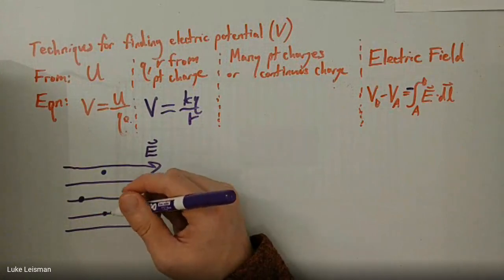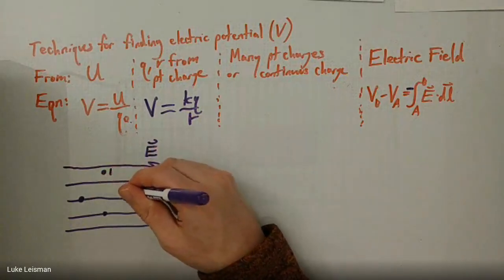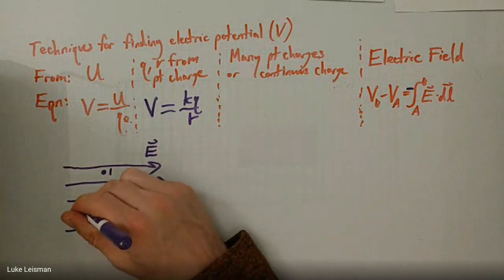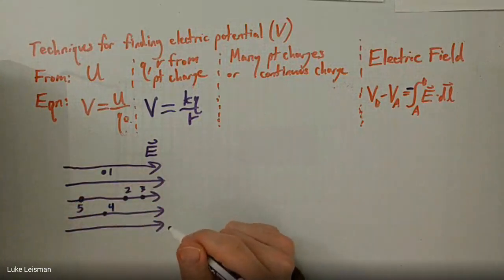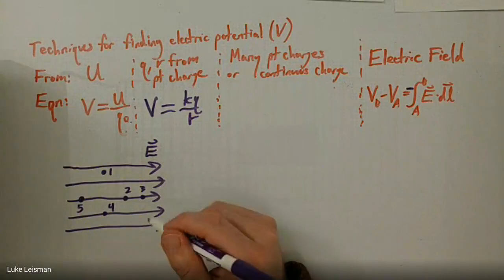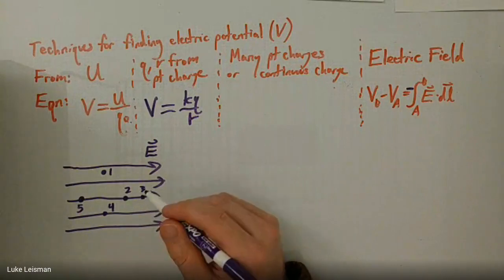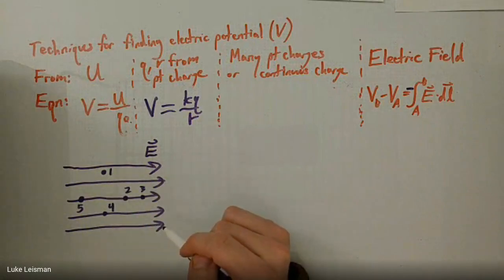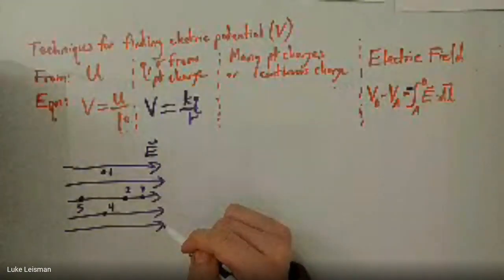Let's go ahead and number these 1, 2, 3, 4, and 5. And let's think about the relative amount of potential of these spots. So the first question we might ask is which of these has the highest value of the potential?